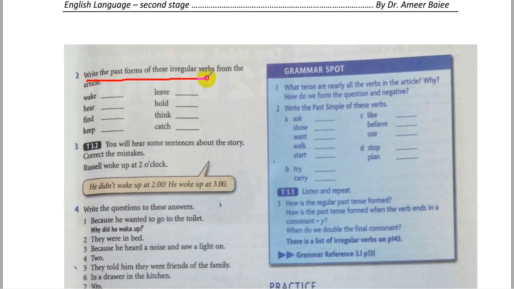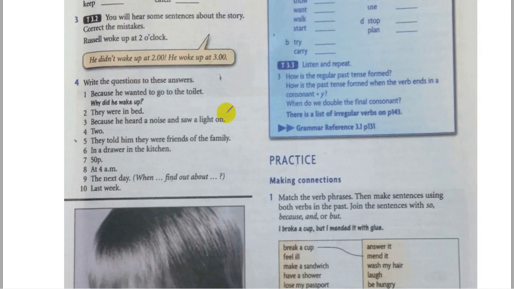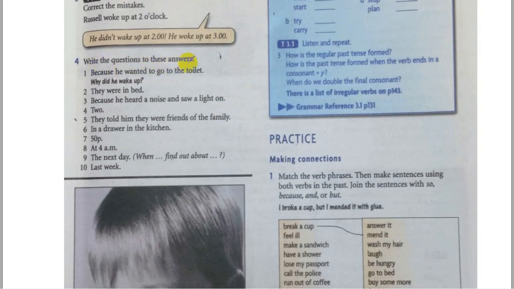And here, answer these questions. Write the past form of these irregular verbs: wake, hear, find, keep, leave, hold, think, catch, etc. Here, write a question for these answers. This is a good exercise for you. It's about how to use the grammar.